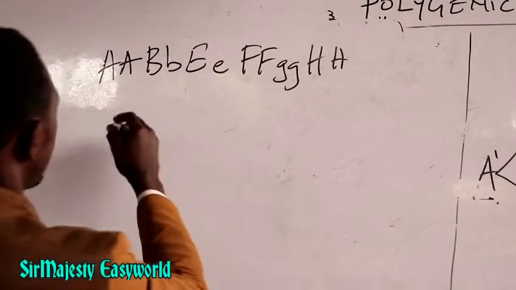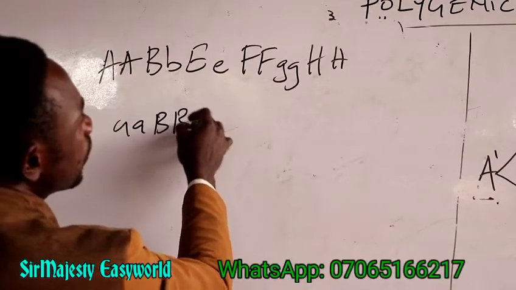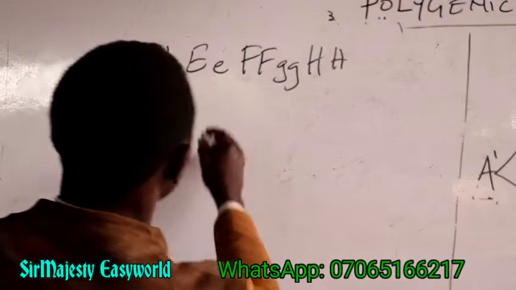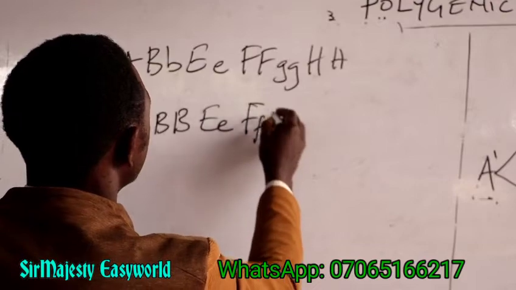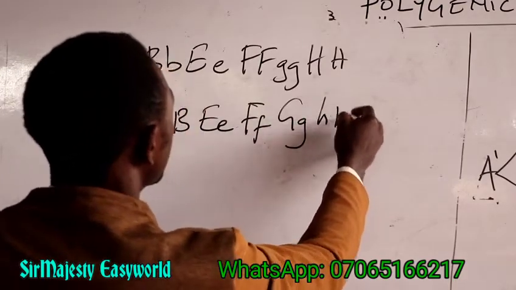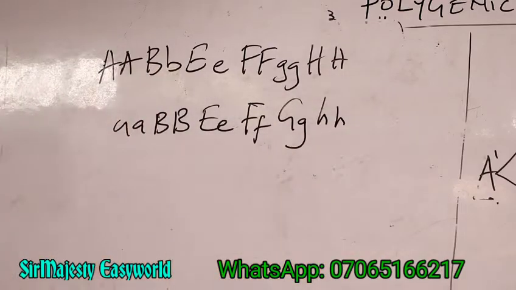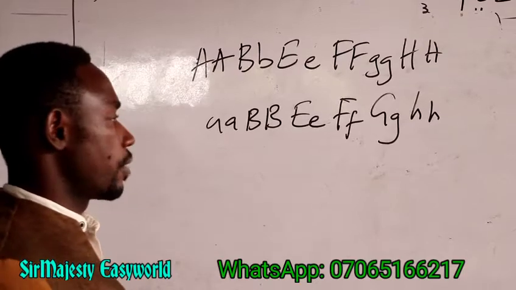Then versus another parent that is having this type of capital F small f, capital G small g, small h. That's a cross between these two parents. These two parents are not exactly the same in terms of their gene.